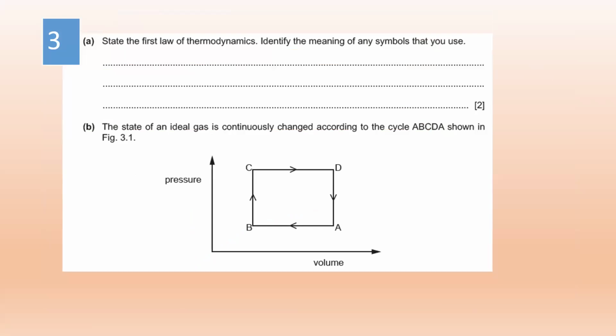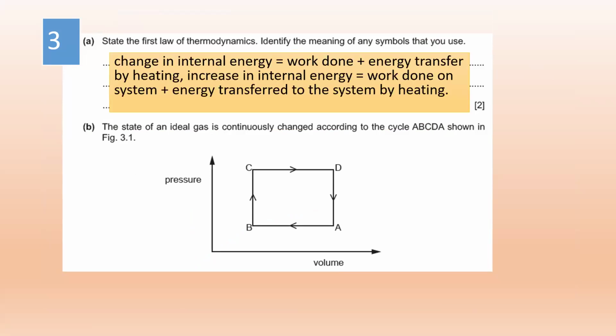State the first law of thermodynamics. Identify the meaning of the symbols that are used. Increase in internal energy equals work done on the system plus energy transferred to the system by heating. Change in energy equals work done plus energy transfer by heating.